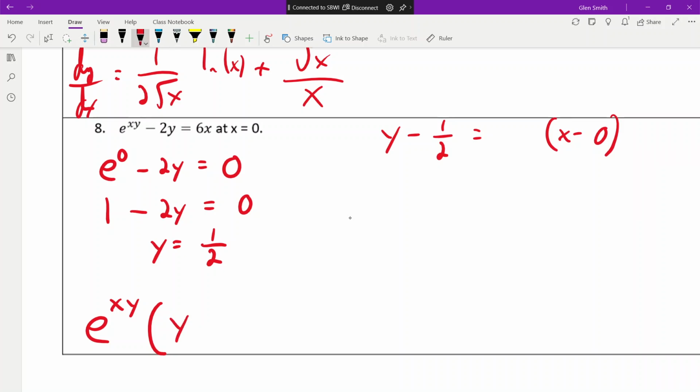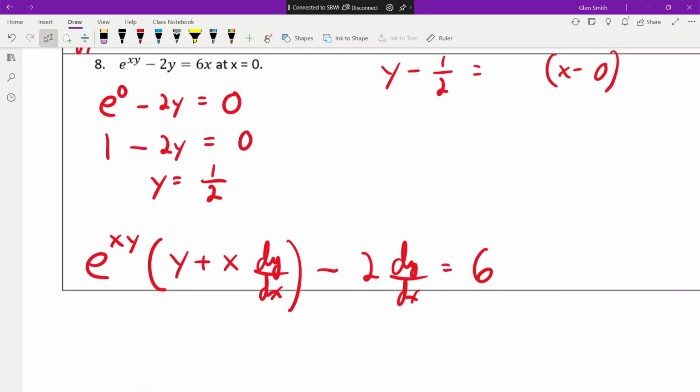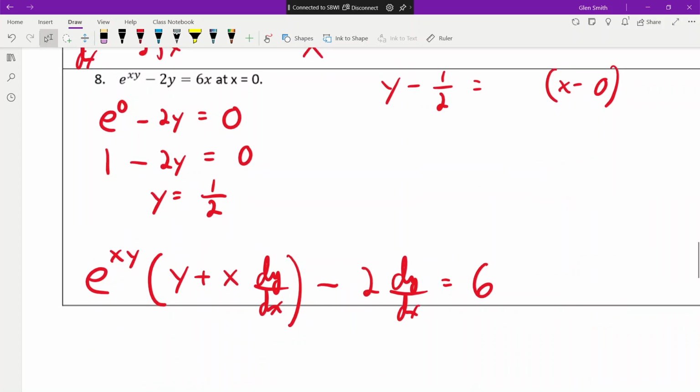That's the chain rule, right? We've done a bunch of those. The derivative of the exponent, which is x times y, that's a product. We derive x, that's 1 times y, plus leave x, derive y. Minus, so that's the derivative of e to the xy, minus 2 dy dx equals 6.